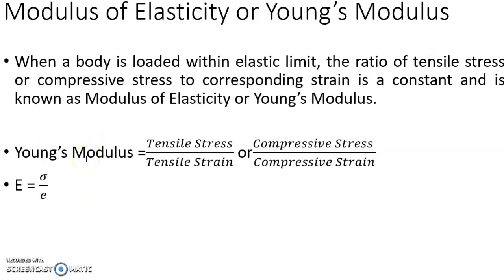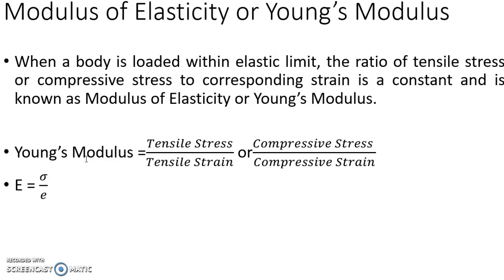In the previous slide, E equals stress upon strain, sigma upon epsilon. Strain has no unit, so the unit directly becomes Newton per mm square.